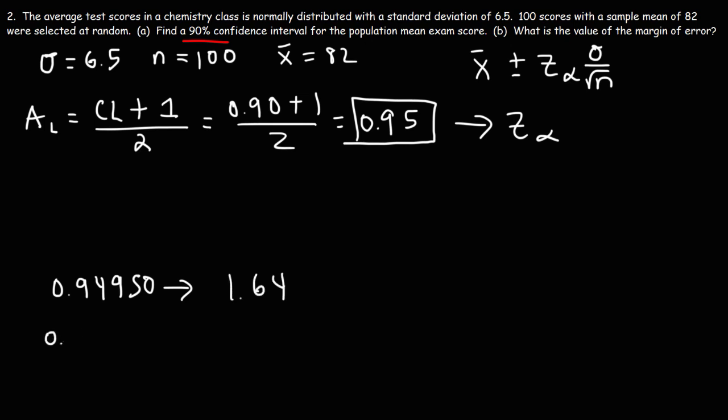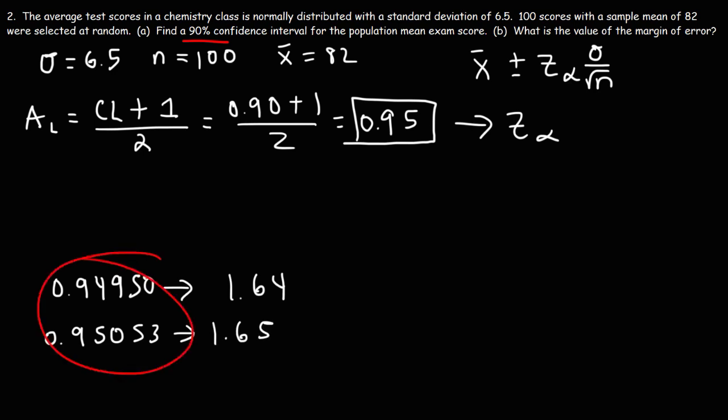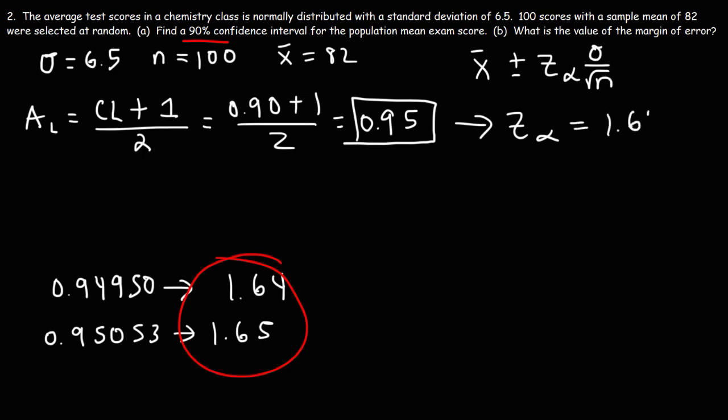And there's another one that's close to it, 0.95053. The z-score for that is 1.65. Now, both of these two numbers are equidistant from 0.95. So to get the best z-value, we can average those two values. If you add them up and divide by 2, you'll get the number in the middle, which is 1.645. So that's a quick and simple way in which you could find the z-score from a confidence level value.